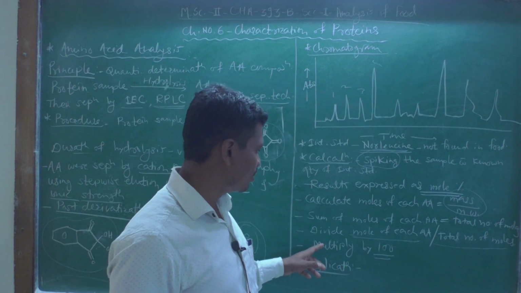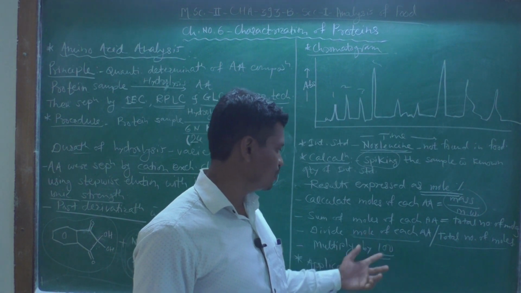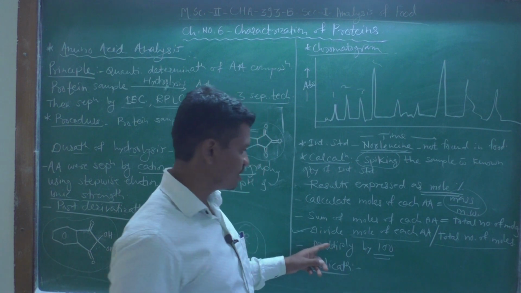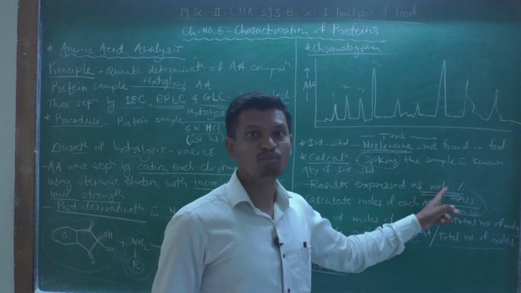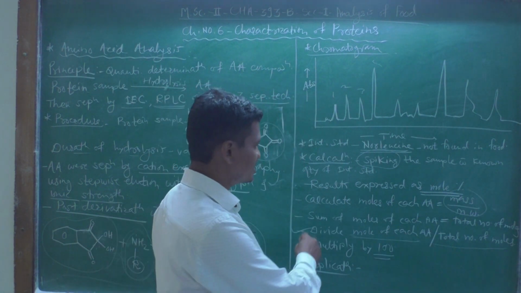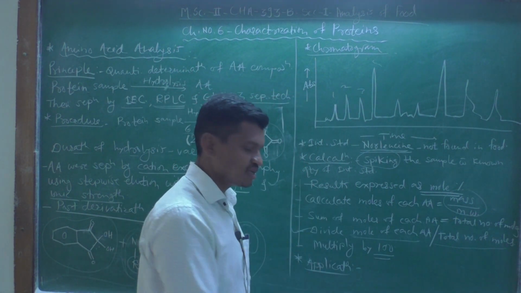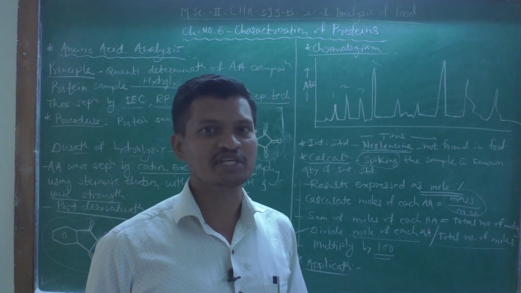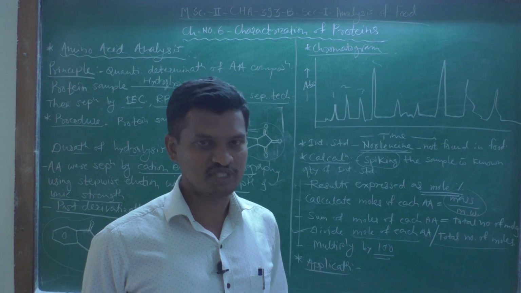Then multiply this value by 100 and you will get the mole percentage. So this is the stepwise calculation to obtain the mole percentage of amino acids present in the given protein or food sample.